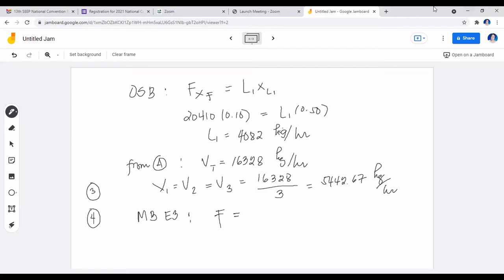Can you place it on the chat box? So this would be L3 plus V3. And you have 5442.67. And you have L3 now equal to?